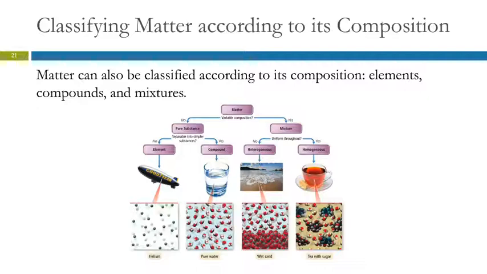So this is a flow chart that summarizes what's going on with this classification scheme. So here's matter. We can put it into two broad categories, a pure substance or a mixture. And the question we would ask there is, is the composition variable or is it fixed? A variable composition is a mixture.